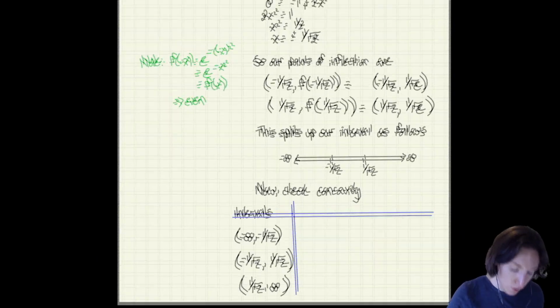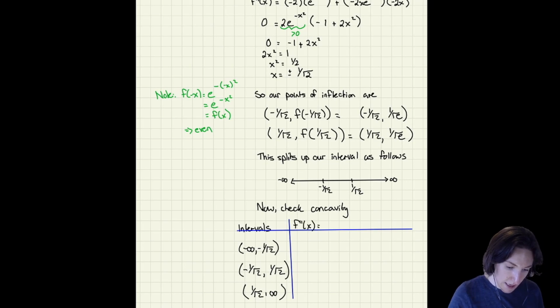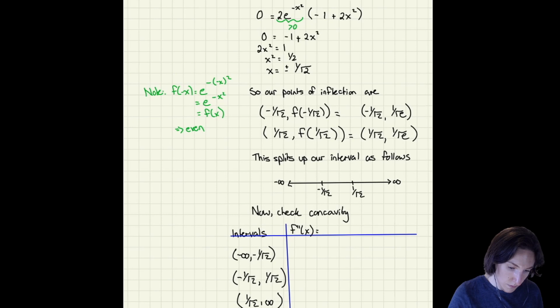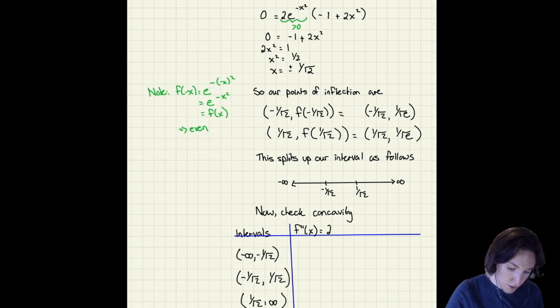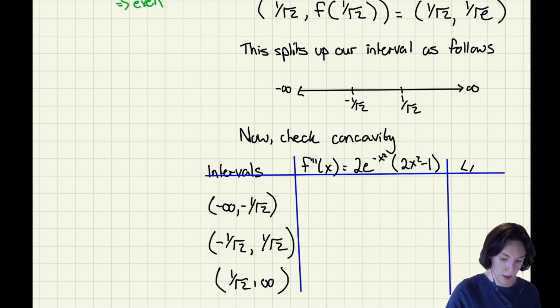Okay, and now, what was our second derivative again? It was f double prime of x is equal to 2e to the negative x squared times 2x squared minus 1. And then we'll state what the concavity is. You know me, I like my zeros.